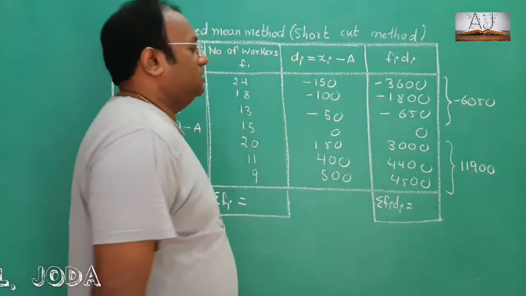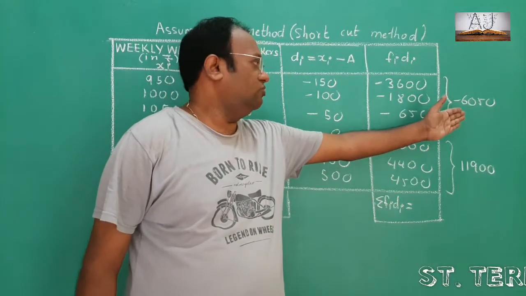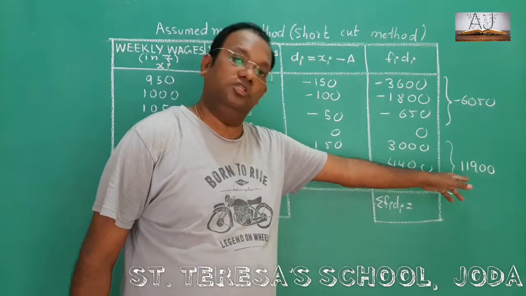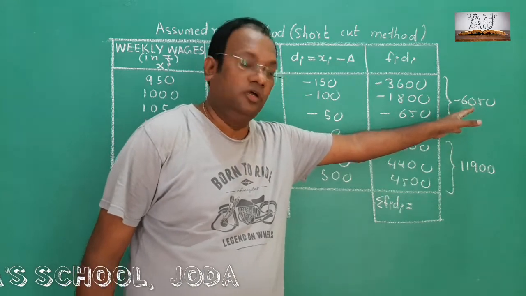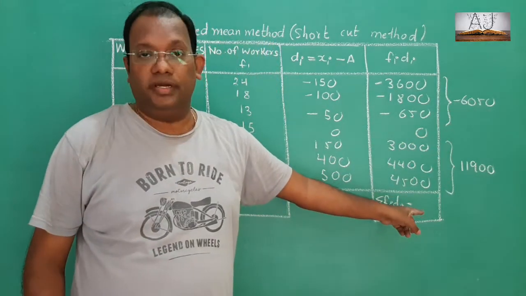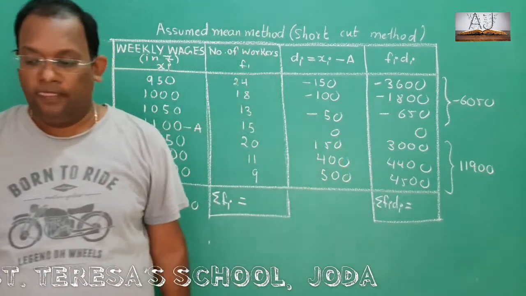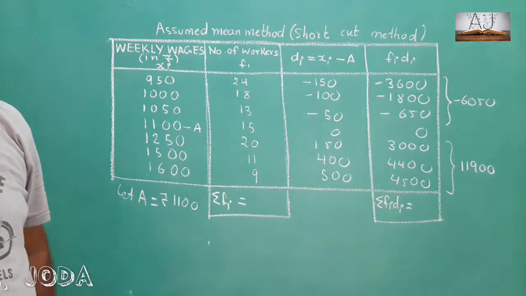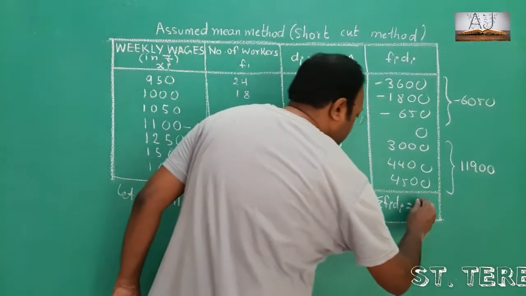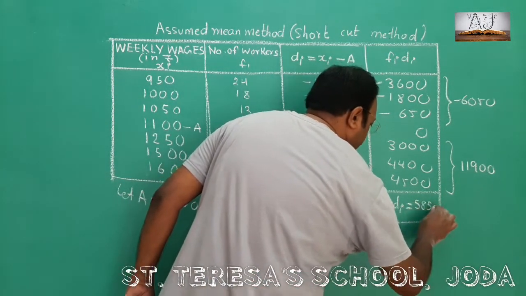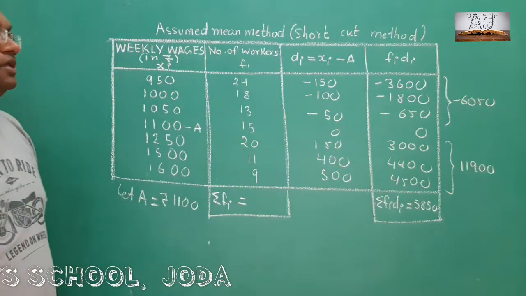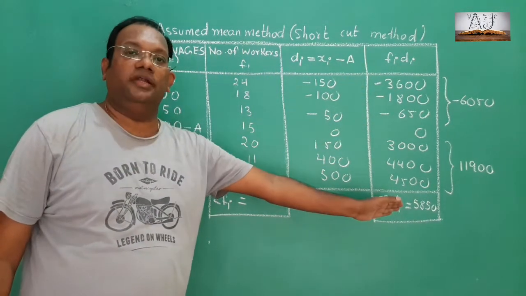Now subtract greater minus smaller, and the sign will be positive because the positive is greater. Sometimes the answer can come negative also, so don't be afraid if it comes negative. After solving these two, we get 5850. This is the value of sigma FiDi.